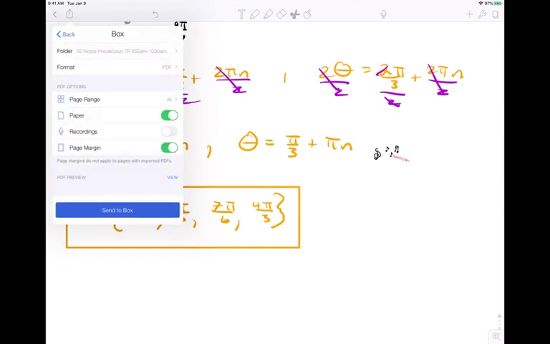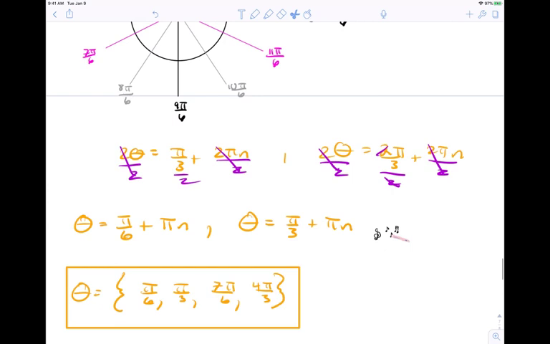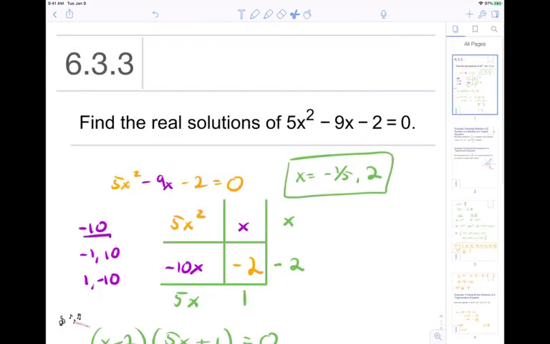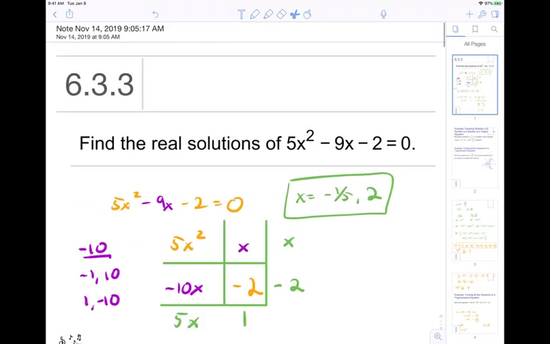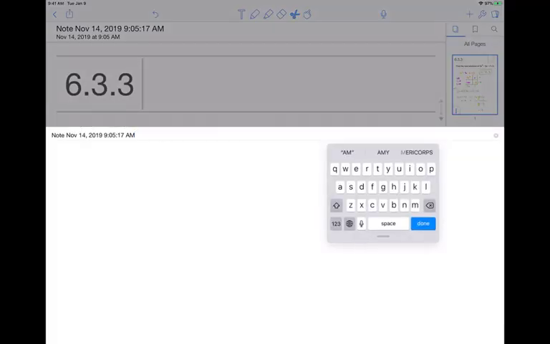Actually, before I send it there, this was 6.3 Trig Equations. So let me write that down. This is 6.3 trigonometric equations. Awesome.